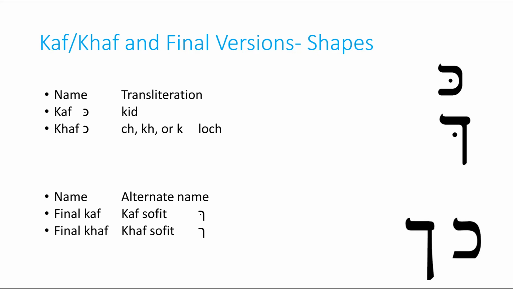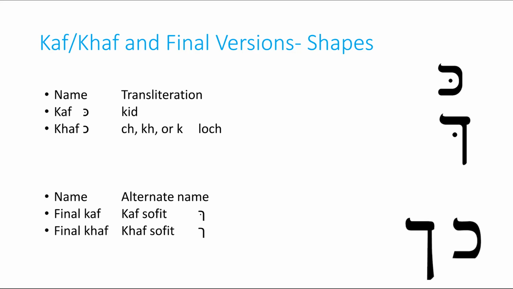But the elongated form is what is called the sofit, the final ending version. So if a word has a kaf at the end of it, the kaf doesn't look like that round shape. It becomes this elongated shape.